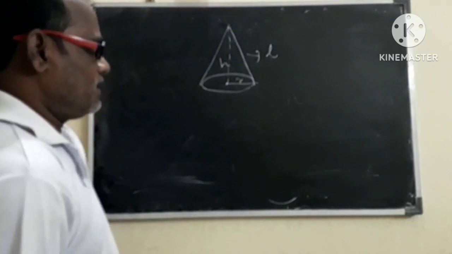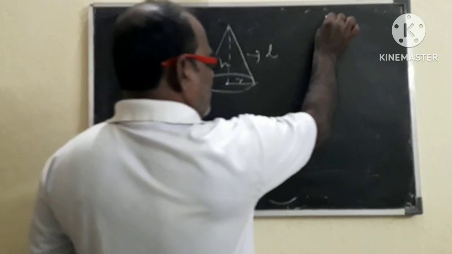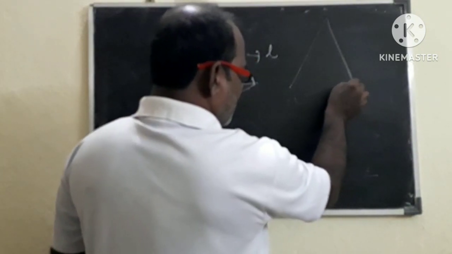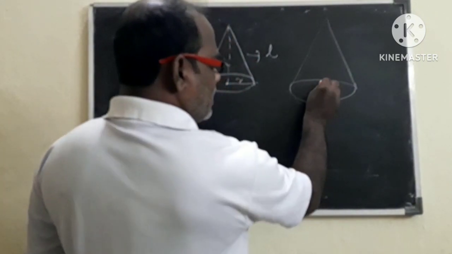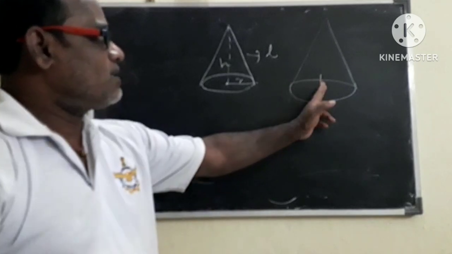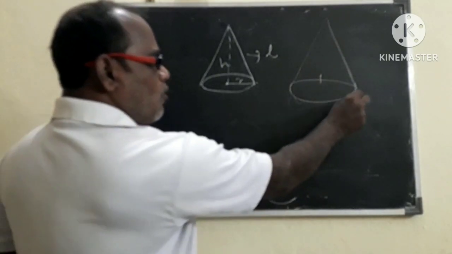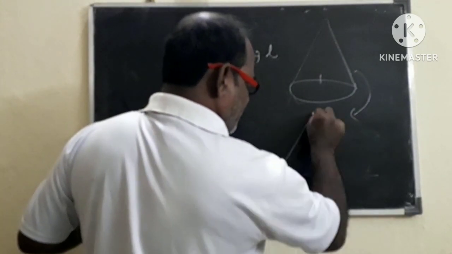Now suppose you brought an empty cone and you are making a section, cutting from here, then the cone becomes this way.